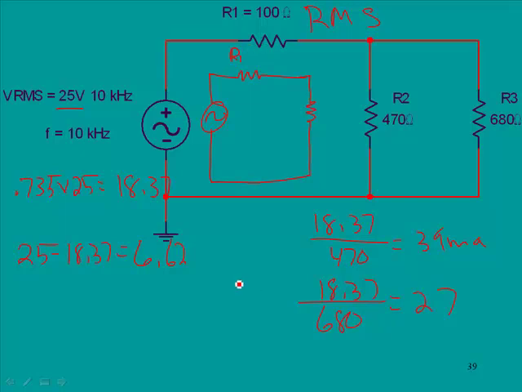And if we took 6.62 across the 100 ohms here, that would yield about 66 milliamps, and so this would equal the sum of both of these. So these are the RMS calculations, and I skipped some of the things because we did them already in the peak calculations.